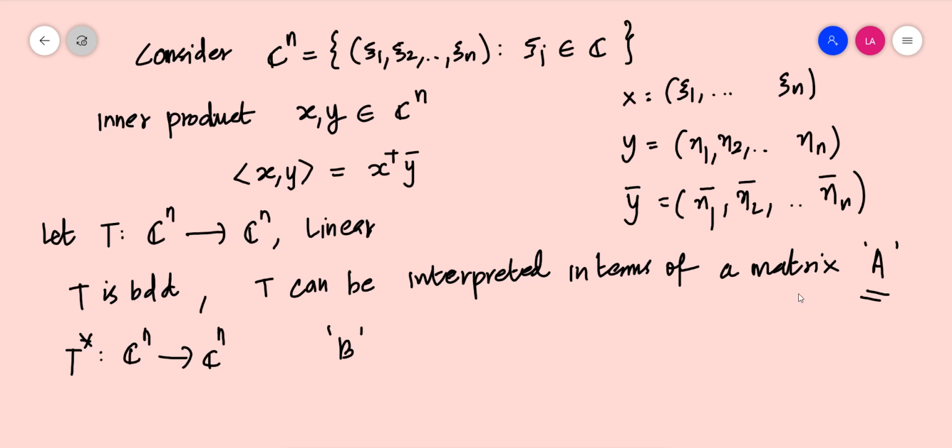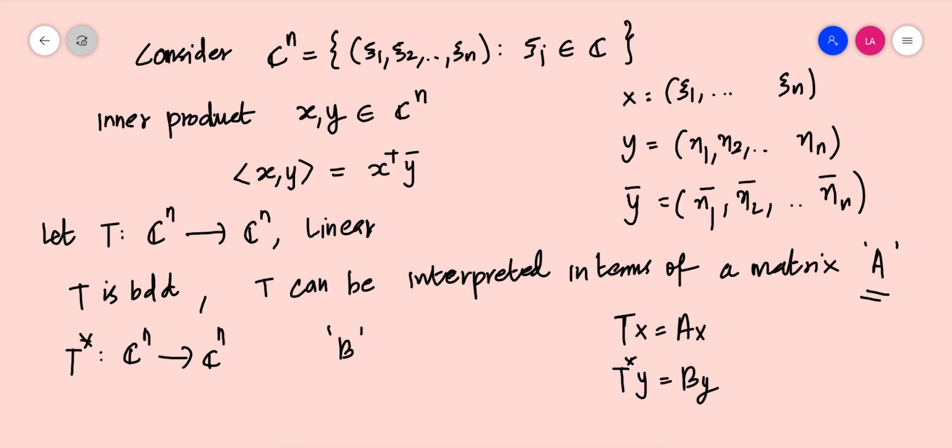So T is represented by the matrix A, and T star is represented by the matrix B, which means that Tx is Ax and T star y is By.